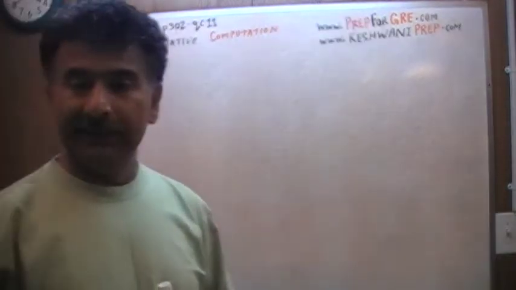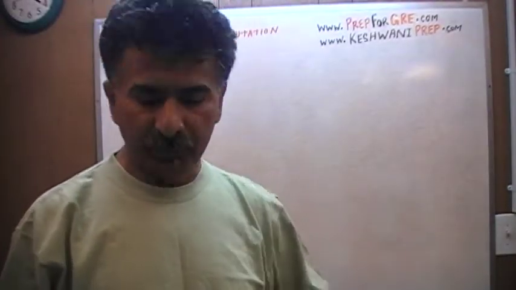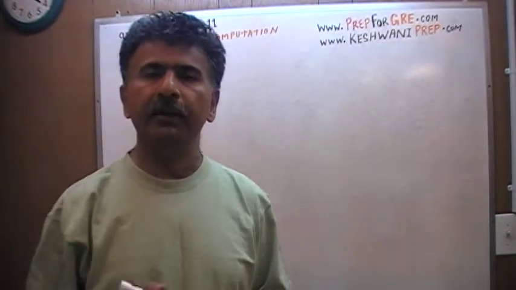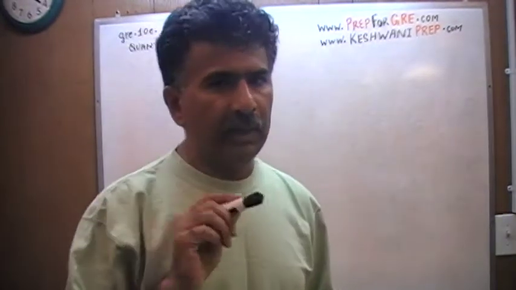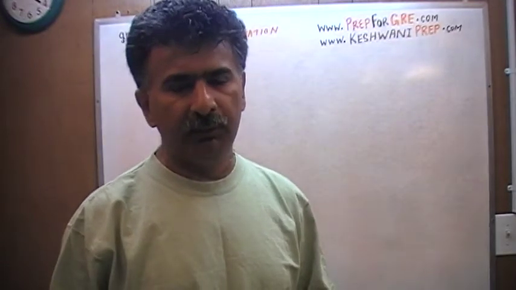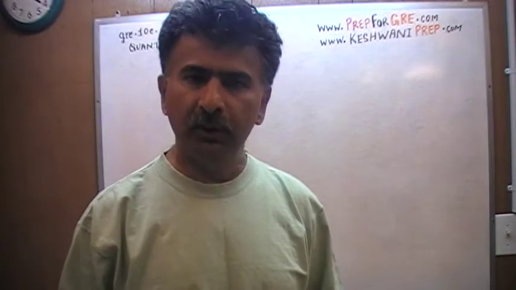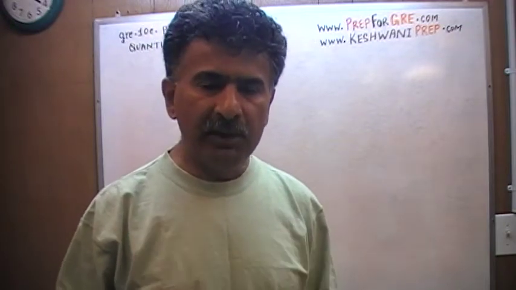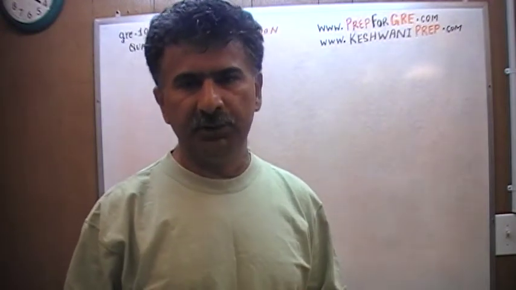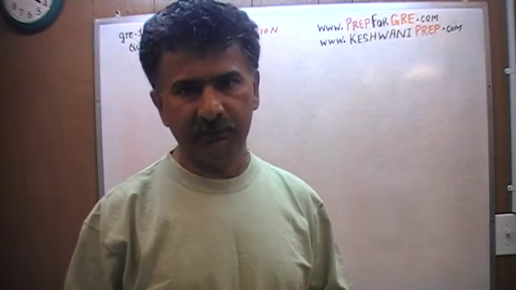These questions are not called quantitative computation, a very simple thing that a lot of people tend to forget during the exam, and they end up doing a lot of unnecessary computations. You're not asked to compute the two things that you see in the two columns. You are asked merely to compare them, which are two entirely different assignments.